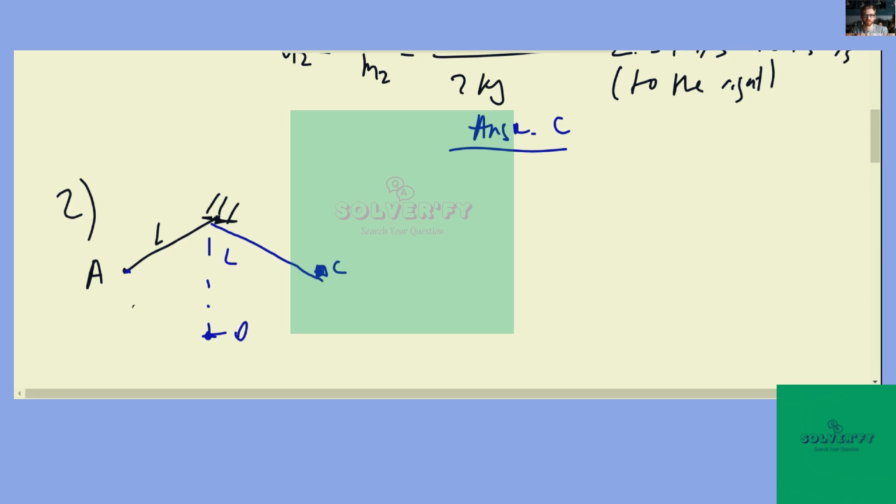Here we know that the height at point A equals the height at point C. So the first statement is definitely false, because at these points potential energy is maximum and kinetic energy is zero.